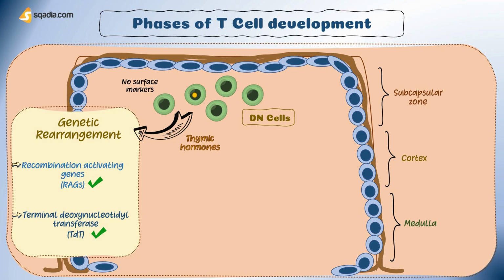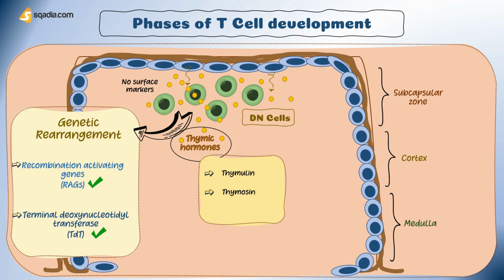Here, I have mentioned thymic hormones. These hormones are actually released by the epithelial cells of thymus in the subcapsular zone. These hormones mainly include thymulin, thymosin, and thymopoietin, etc. These hormones act as chemokines for the attraction of pre-thymocytes from bone marrow to the thymus. And also, at this stage they stimulate the production of enzymes.